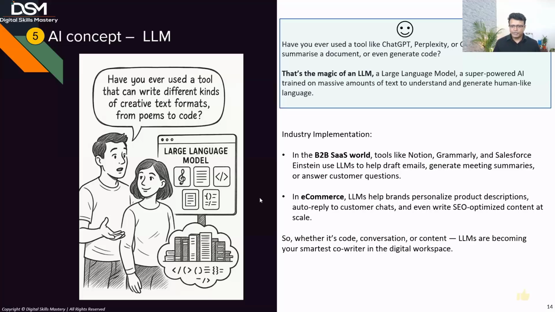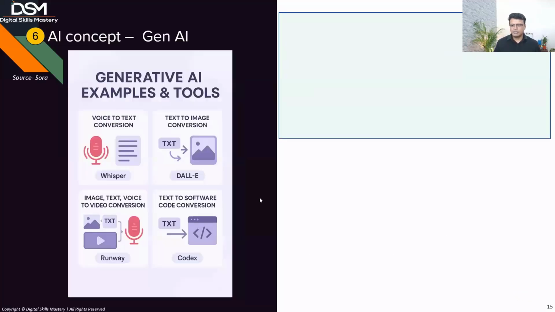Moving forward, the sixth concept is Gen AI. You might also have heard about generative AI as a concept being implemented across various products. This is a slightly overused term, and we are explaining the difference between AI, LLM, ML, and Gen AI so you can keep it at the back of your mind to help you in conversations with your own development and technical teams.